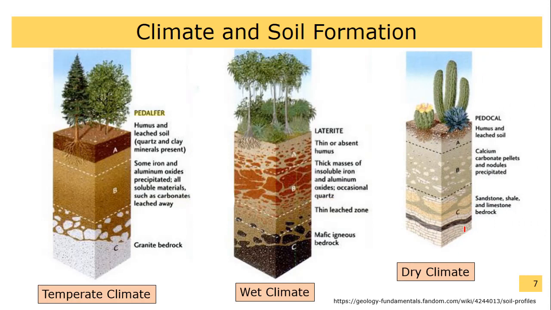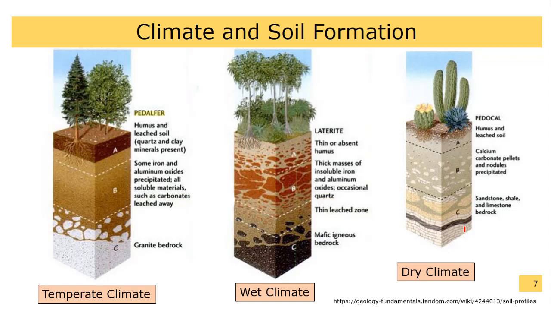In dry climate, there is very little rainfall. Sparse vegetation makes the soil very dry and low in organic matter. A horizon is very thin because of low organic matter and is less fertile.